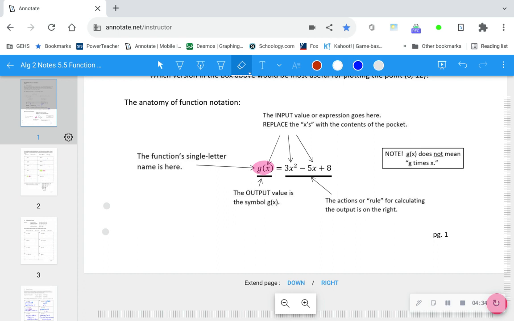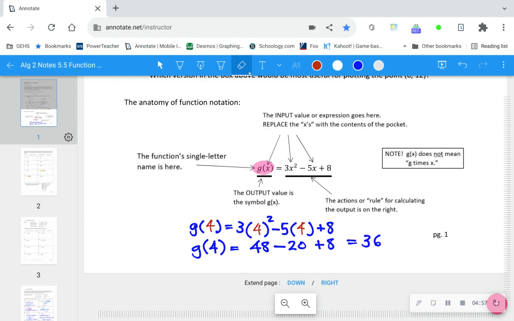Okay, so I have a little bit of an example here that I'm going to show you. I'm going to plug in the number 4 for the x, and you're going to see me put a 4 in the pocket. I want to find out what value we get when we use 4 as our input. Well, that tells me I need to put 4 over here also. And when you do all the calculations, you find out that the output would be 36.